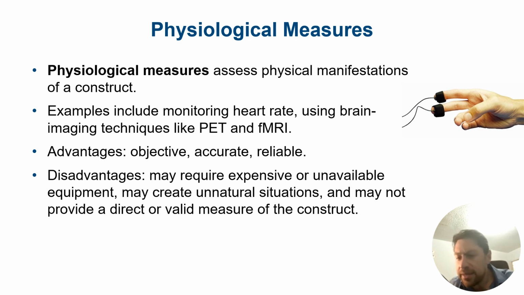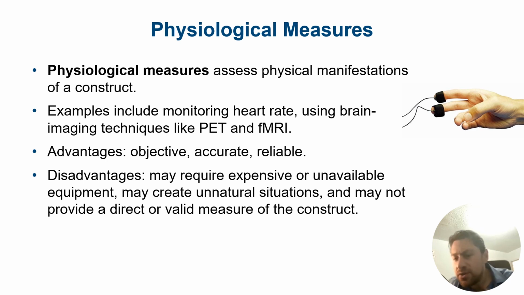Also, techniques like PET scan or fMRI allow you to measure brain activity, the way that the brain responds, which areas become active to a stimulus or a condition of some sort. Other techniques like EEG or MEG also allow you to measure brain activation over time in response to some stimulus.